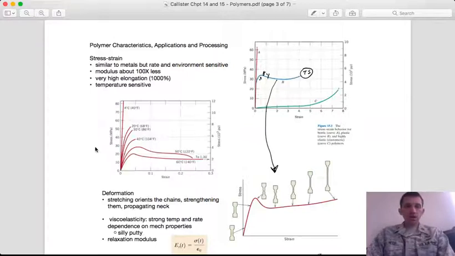For instance, the temperature sensitivity is quite dramatic. If you compare the stress strain curves shown here, you go from a brittle material at 4 degrees Celsius to essentially, I don't know, almost an elastomer or a very ductile material with a change of only about 55 degrees Celsius temperature change, right? So on the scale of metals, 50 degrees is hardly anything.